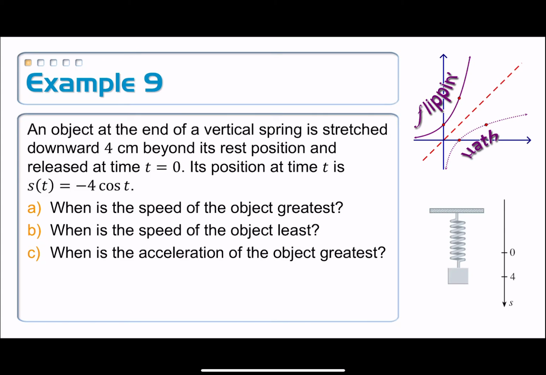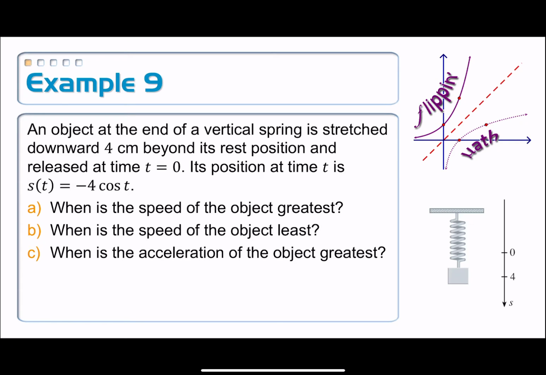Okay, example 9: an object at the end of a vertical spring is stretched downward 4 centimeters beyond its rest position and released at time t equals 0. Its position at time t is s of t equals negative 4 cosine t.